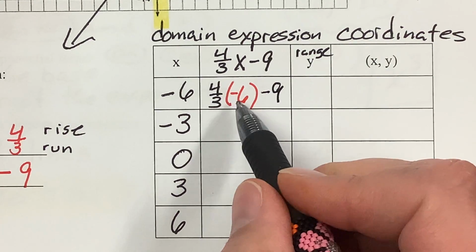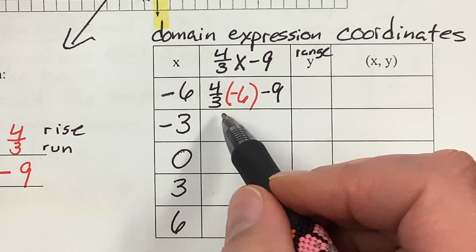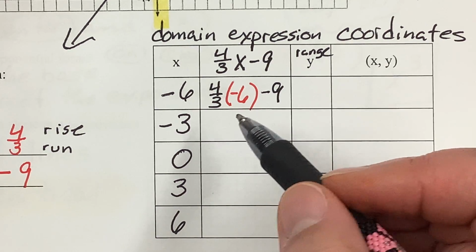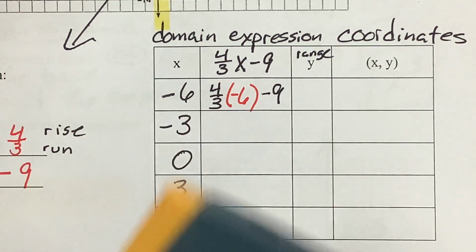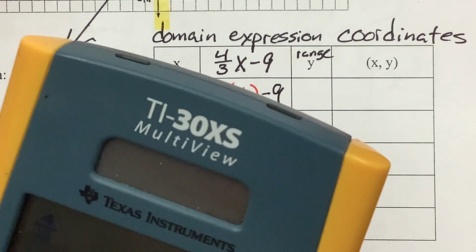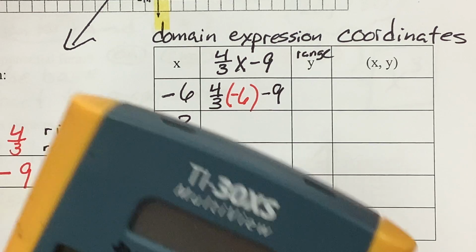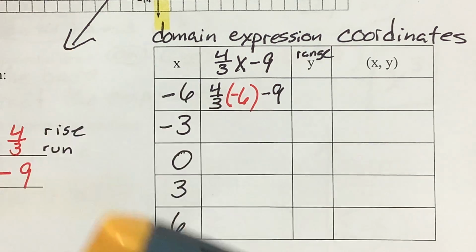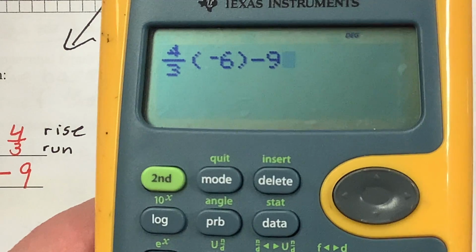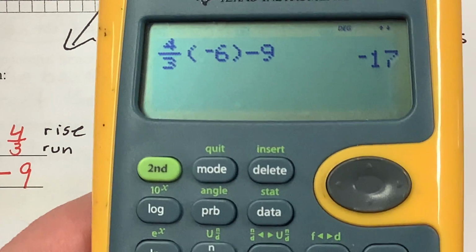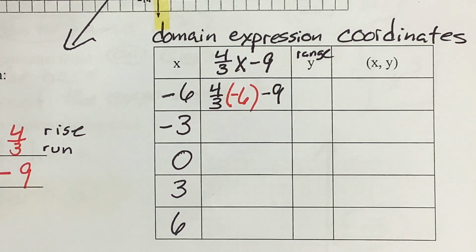Now let's see, 4 times -6. Oh, darn it. I'm going to use my calculator because I don't want to do any kind of thinking. 4 over 3 times -6 minus 9. So I'll put it in my calculator the exact same way I see it on my paper, and I get -17.